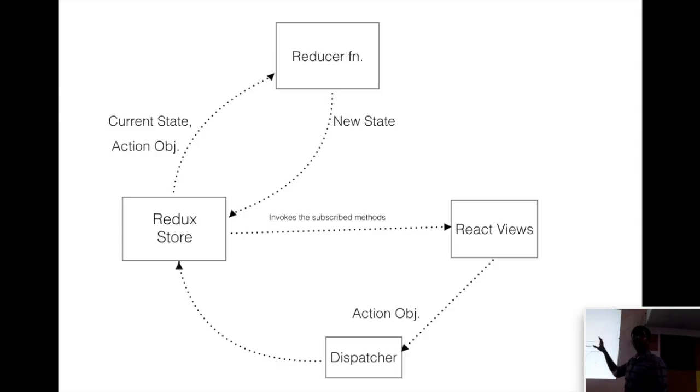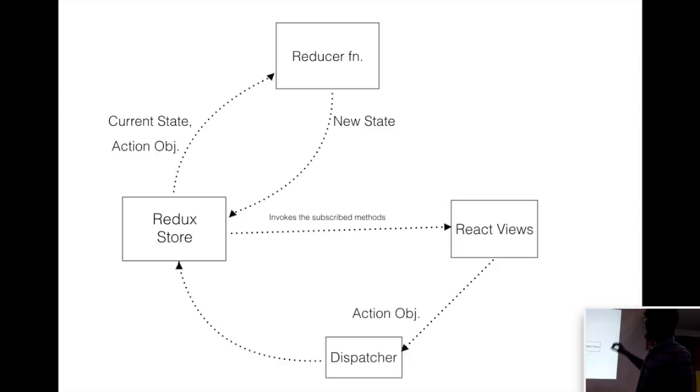Only your reducer function can mutate your state, and it will not actually mutate the current state that is passed to it, but instead it will return a new state, because reducer functions are pure functions. The new state returned by the reducer will update the state in the Redux store. Once the state in the Redux store is updated, it will invoke all the subscribed methods, and thus it will reflect in your React views. They'll get re-rendered, and that's how Redux works.